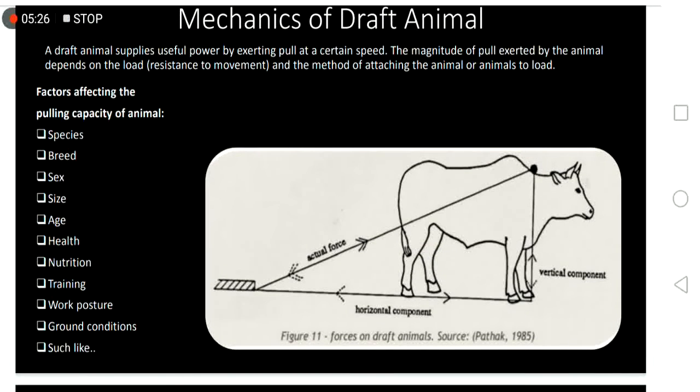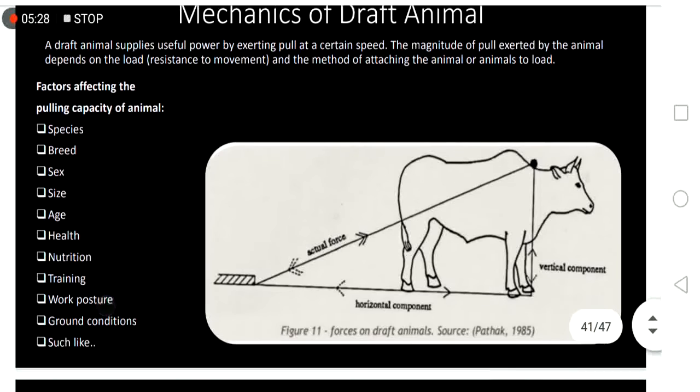There are factors affecting the pulling capacity of draft animals. There are many factors that might affect the pulling capacity. First is the species and breed. Of course, species and breed of animals vary, therefore their innate power is different from each other.